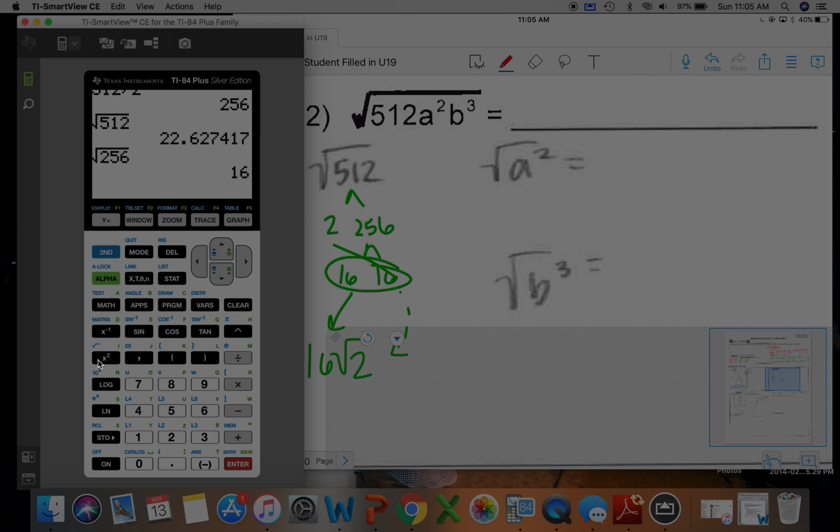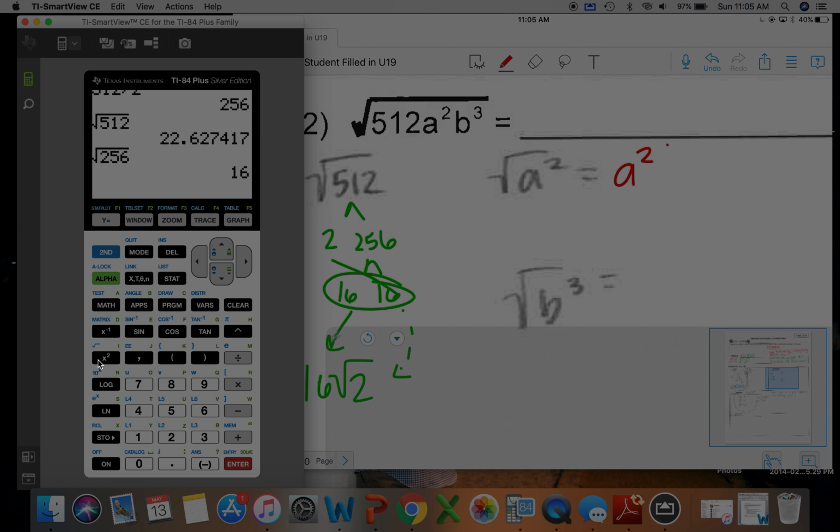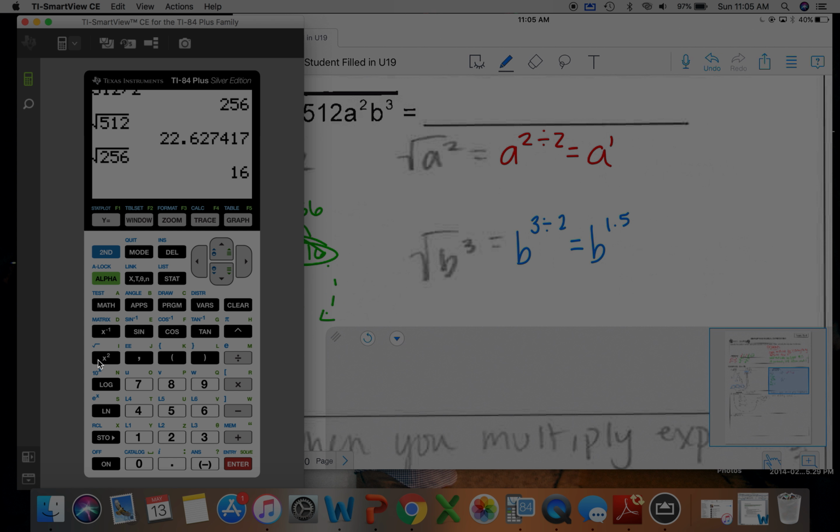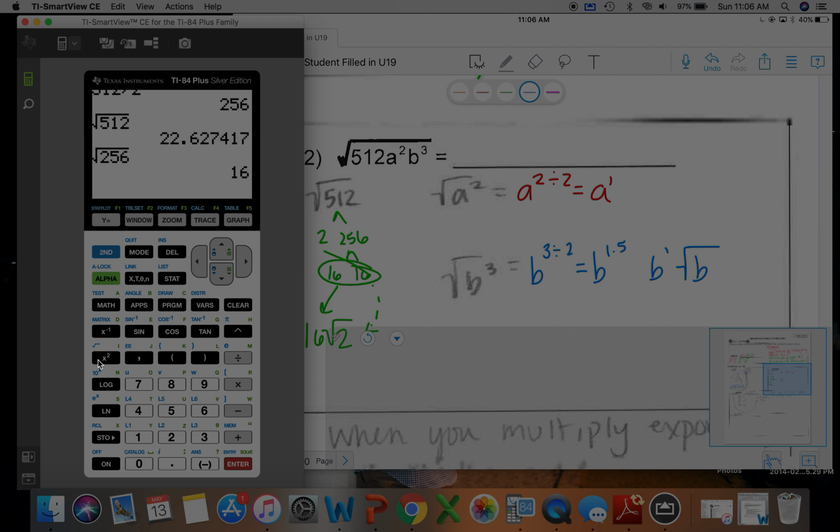For the square root of a squared, we take 2, my exponent, divided by 2. 2 divided by 2 is 1, and because it's even, I have nothing left under the square root. And then b to the 3 divided by 2 is 1.5. So the 1 will come outside. The 0.5 means I have something left under the square root.